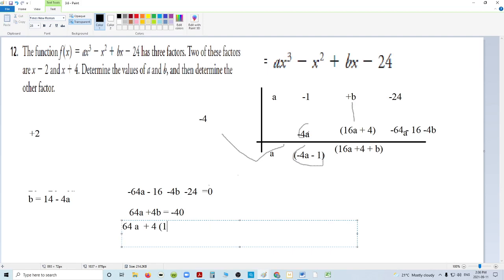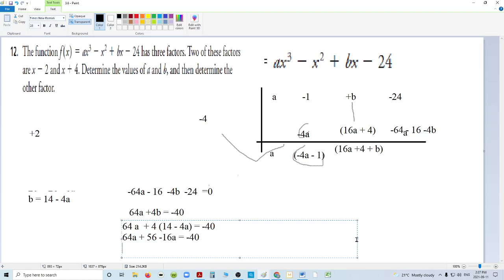Let's replace b right here. I did do it correctly when I added together, but I'm left with this 64a plus 56, and that's minus 14 minus 4a. When I multiply that, I get minus 16a is equal to minus 40. I think it still works.